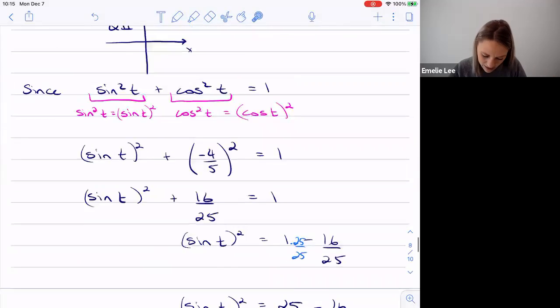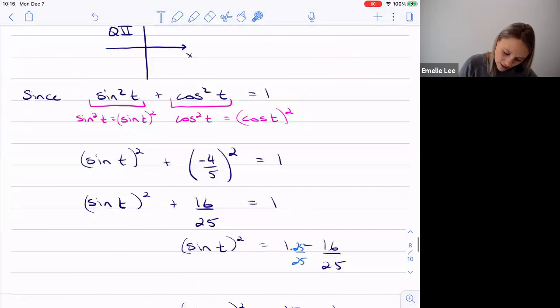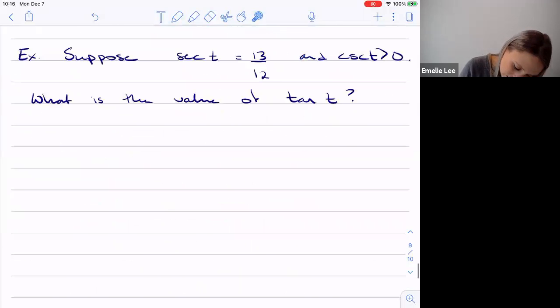So I go back to my identities. And here it is, staring me in the face. Tan squared t plus 1 is the secant squared of t. So that's the one I'm going to use because it has everything that I need. We can divide by sine squared or cos squared to get to one of these two, but the easiest way is to find the closest thing to what we want.